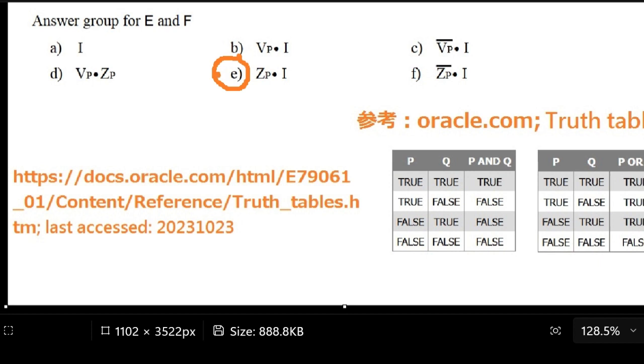So this is the OR. Now if you got AND, if it's false and true, then you got false. But in this case, the one a while ago, we were doing OR. So that's why it becomes true, and if it's true, then it's a 1. That's how you get the ZP and I at the end.